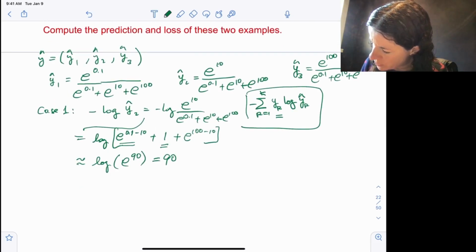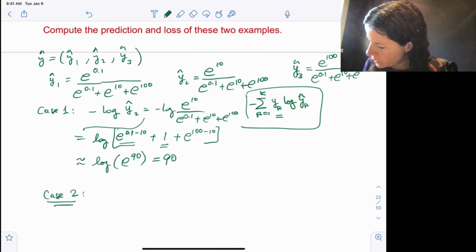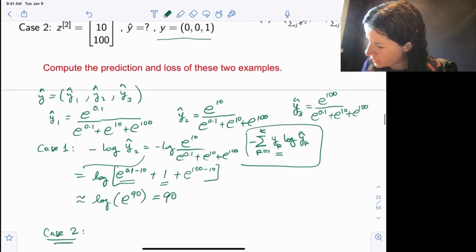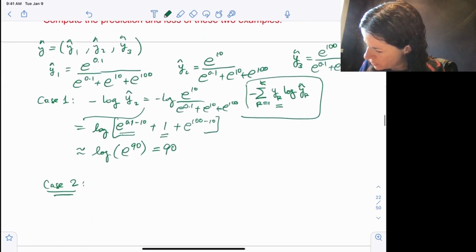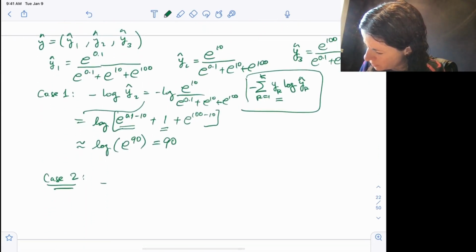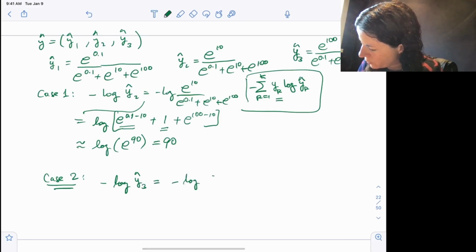And let's look at case 2. In case 2, what we get is minus log of y3 hat, which is minus log of e to the 100 divided by e to the 0.1 plus e to the 10 plus e to the 100.